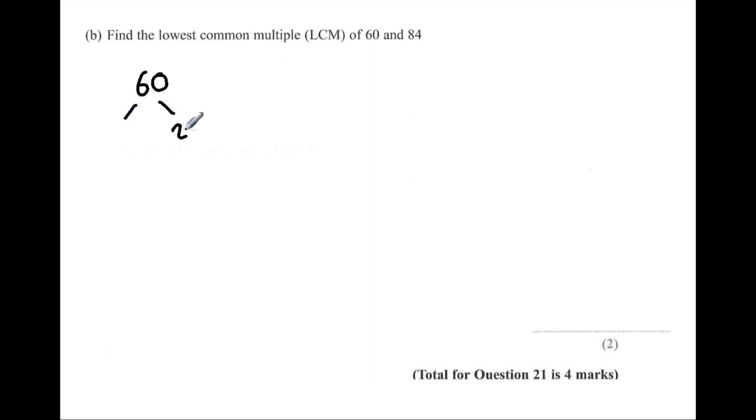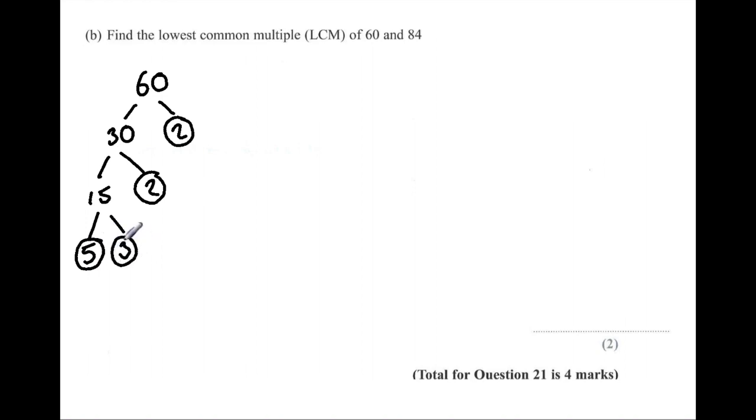So we have 2, circle that because it's a prime number, and 30. 30 isn't a prime number, so it can be broken down further. 2, circle that, and 15. 15 can be broken down further because it isn't a prime number. So two numbers multiplied together that give 15. We have 5 and 3.